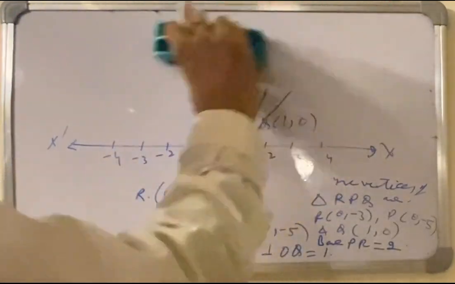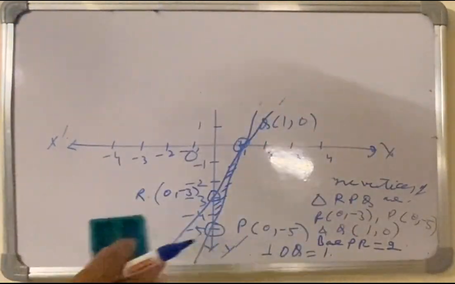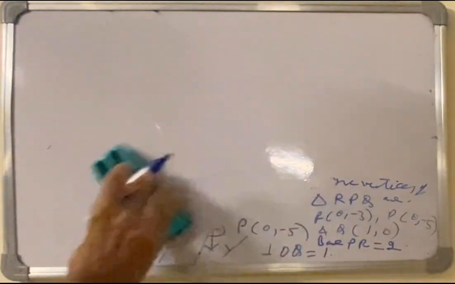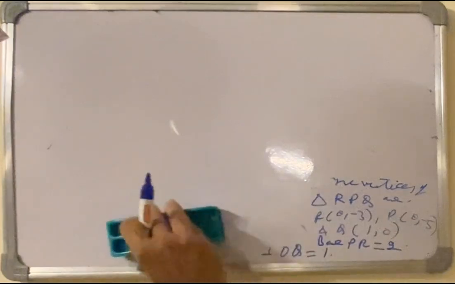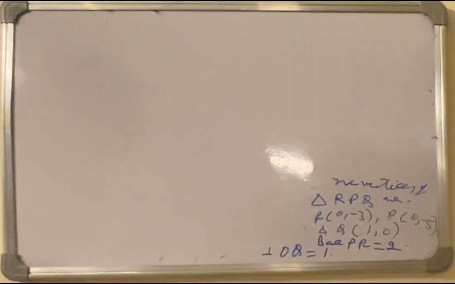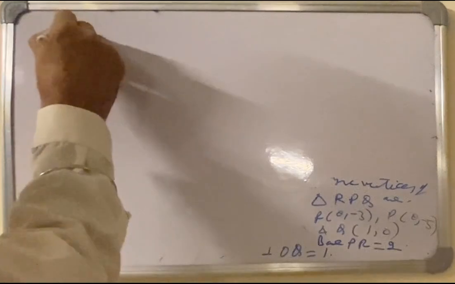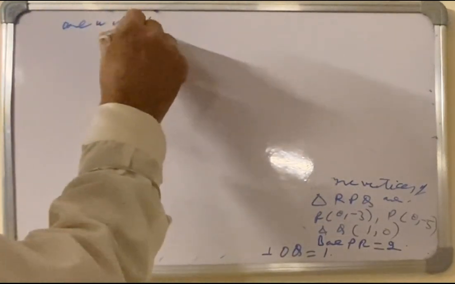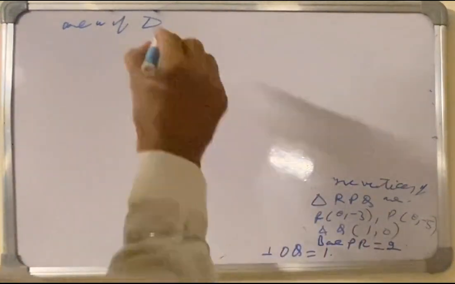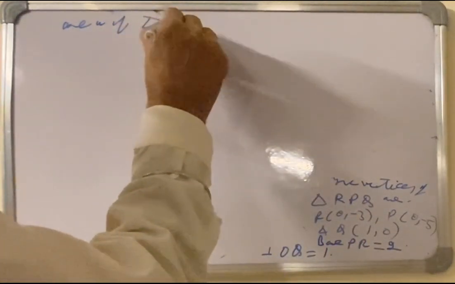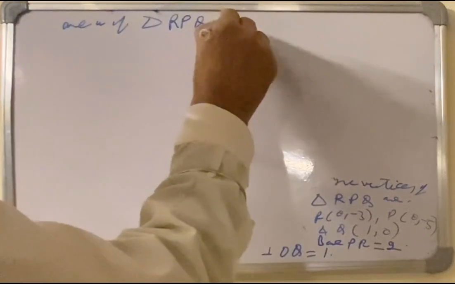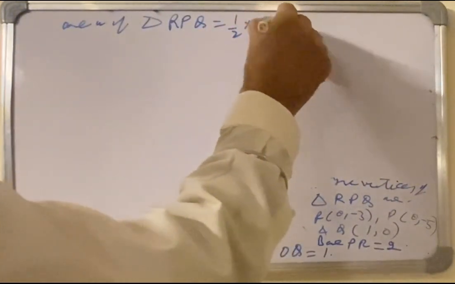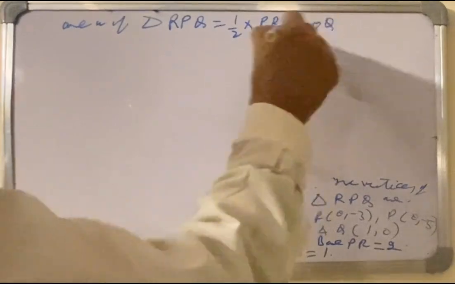Therefore, area of triangle RPQ is equal to half into base PR into perpendicular OQ.